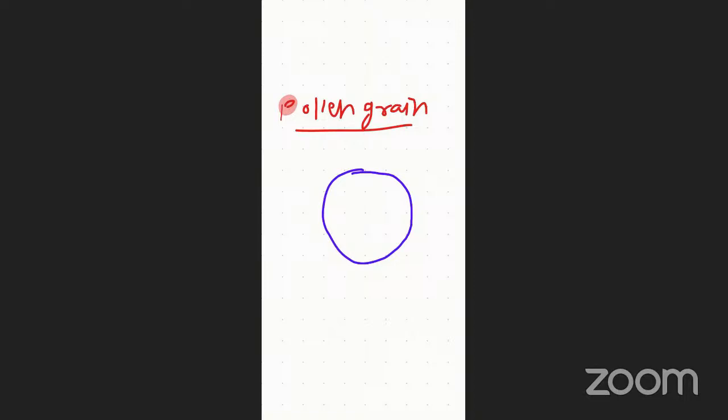It has a tough outer coating. This hard coat offers great protection from the harsh outdoor environment. This is important because inside this tough shell lie two cells, the tube cell and the generative cell.